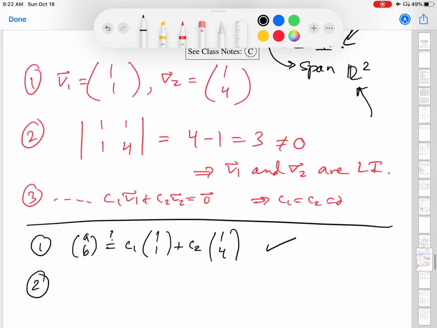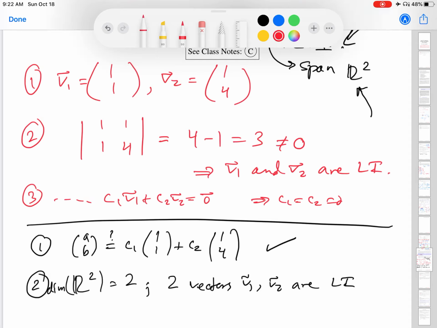But the second way goes back to a theorem we had discussed in a previous lesson notes. We know that R2 has dimension equal to 2. We also have just shown that these two vectors, v1 and v2, are LI, linearly independent. So in other words, we have found two vectors that are linearly independent in a two-dimensional vector space.